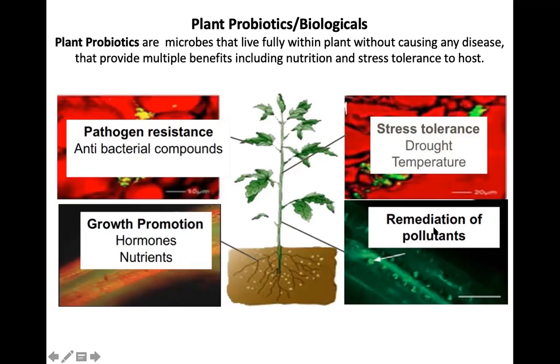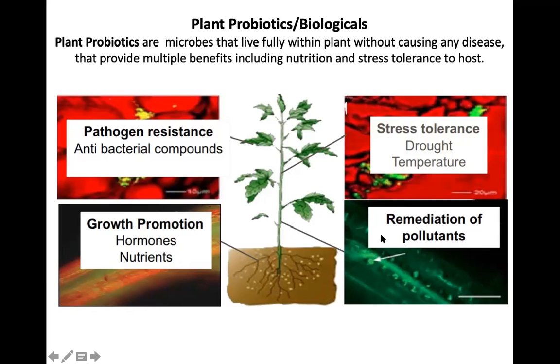Another big job is remediation of pollutants. Soil is polluted hugely by xenobiotics. Xenobiotics means man-made synthetic chemicals like pesticides and others. And also in our country, a large proportion of our land is contaminated with arsenic and other heavy metals.